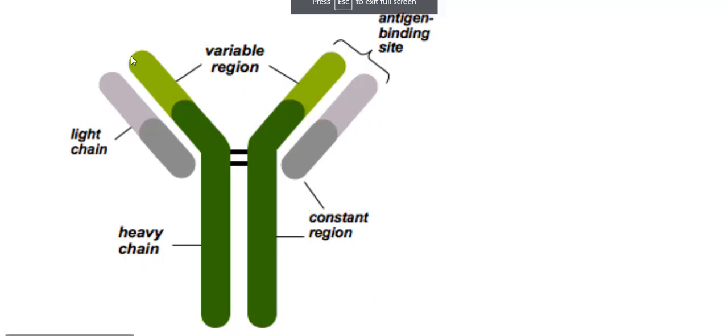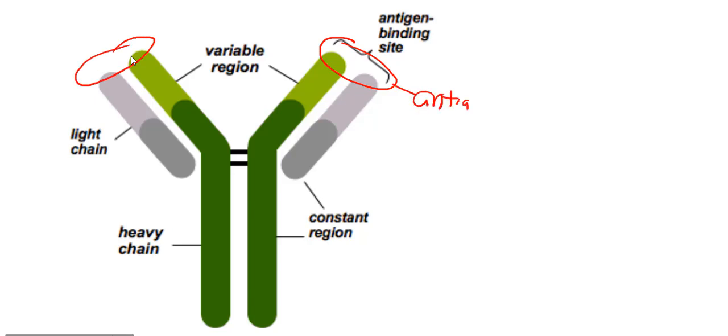So let's talk about this antigen binding site, okay? The antigen is going to bind at the arms. So antigens bind arms of the Y. So there's 2 antigen binding sites in this particular antibody.